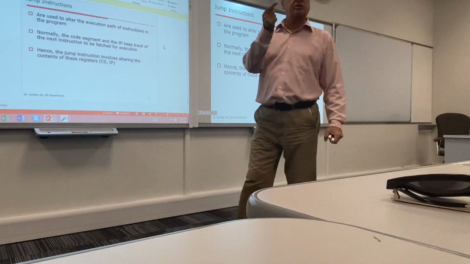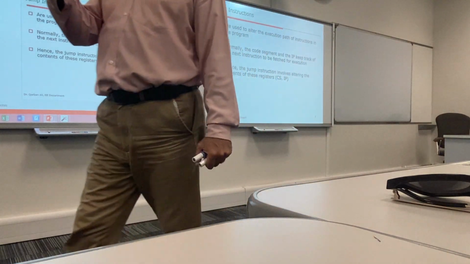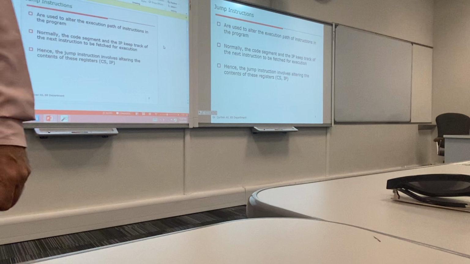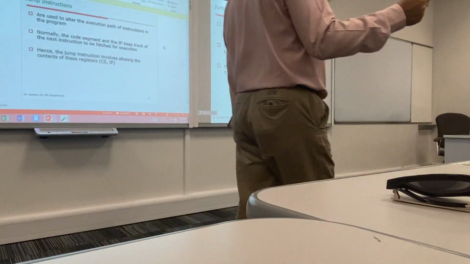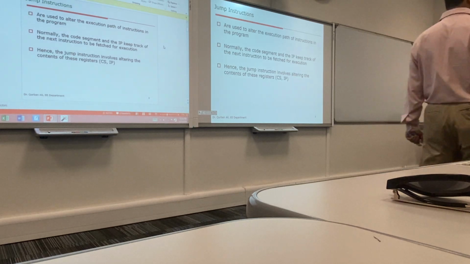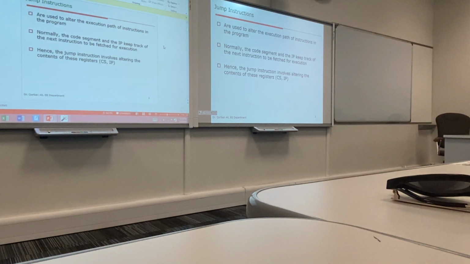Remember, every instruction has an address, right? In the memory, wherever the instructions are stored, every instruction has an address. So obviously when we are jumping, the address will be changing, right? So instead of the address of instruction number 2, maybe we are jumping to 13, which will be a different address.